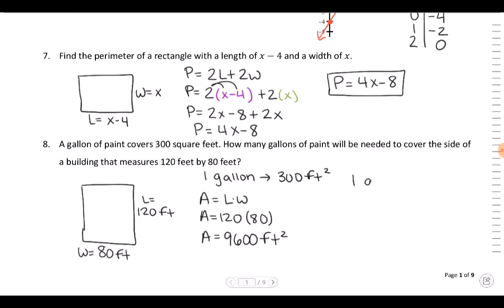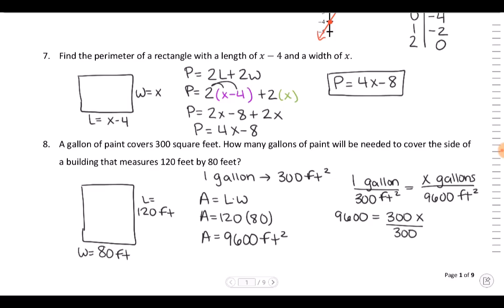So if 1 gallon does 300 square feet, then how many gallons will do 9,600 square feet? Okay, well, we can cross multiply and figure this out. So if I multiply up here, I'm going to get 9,600 equals 300x, and we won't cross multiply the units.